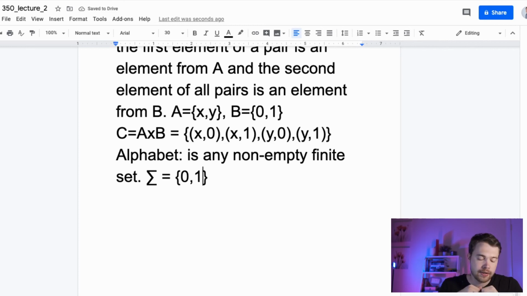That means this alphabet sigma contains only two symbols, 0 and 1, nothing else. If you try to write some words from that alphabet, you can't really have any other symbols. You can only have words based on 0 and 1, like 0, 1, 1, 1, 1, 0, 0, but you can't have 2 or -1 or A, B, C, D.